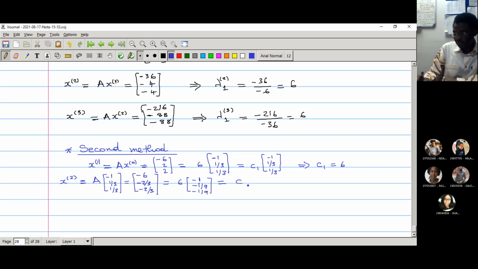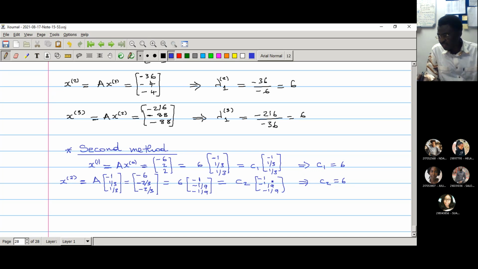So this is C2 into this vector. So you see that it indicates that the eigenvalue is 6.